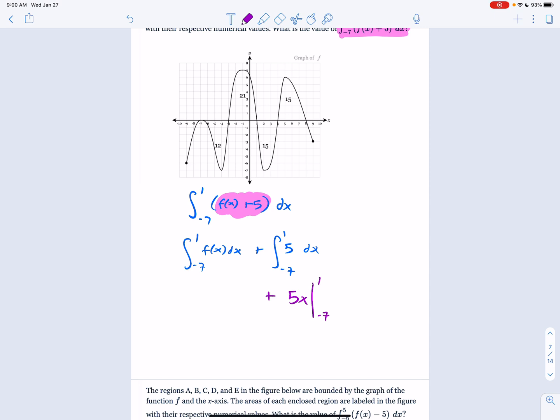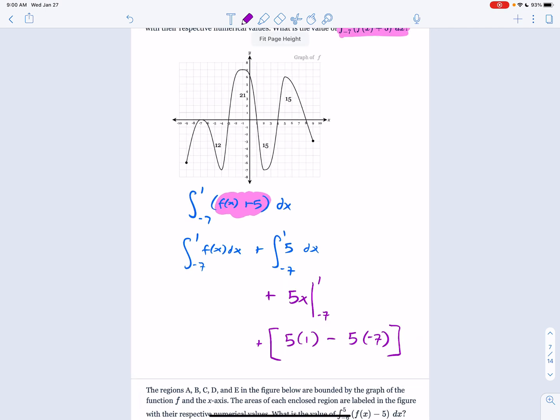I'm going to keep going with this part. Fundamental theorem of calculus states that after we take the antiderivative, we plug in our upper minus our lower. So whatever that comes out to.